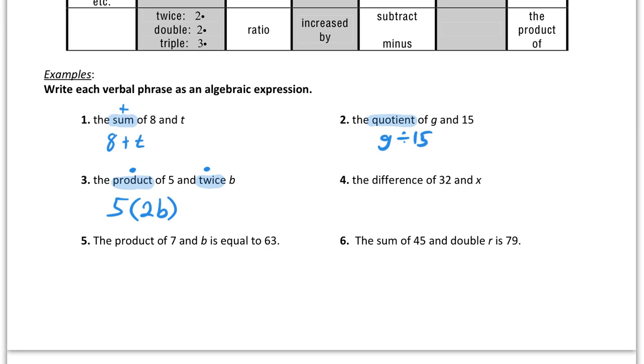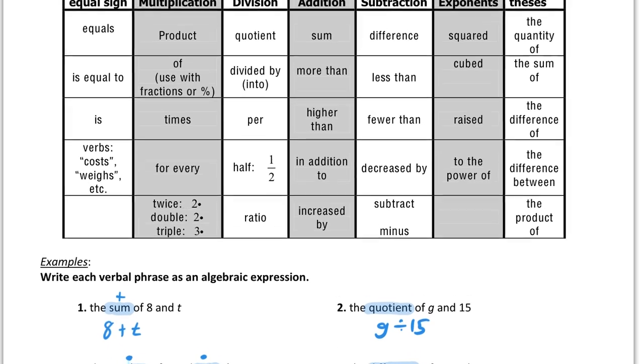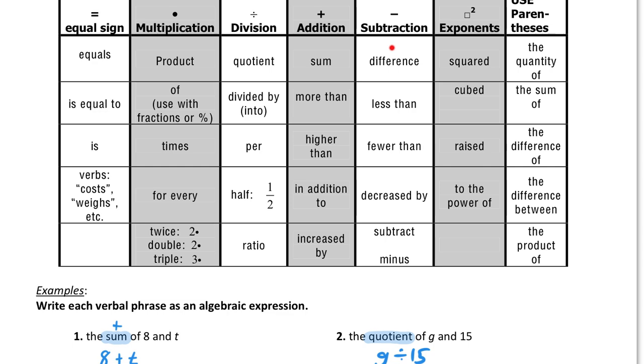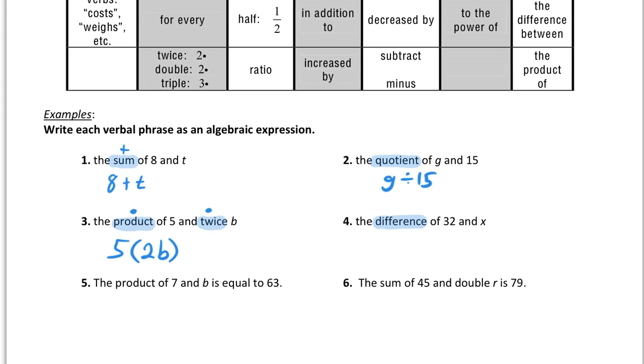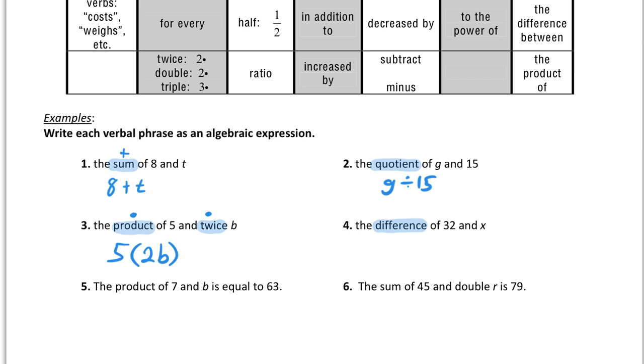Next we have the difference. And there's a keyword, the difference of 32 and x. If you notice, the difference is right here in the subtraction column. So we're going to take 32 and subtract x.